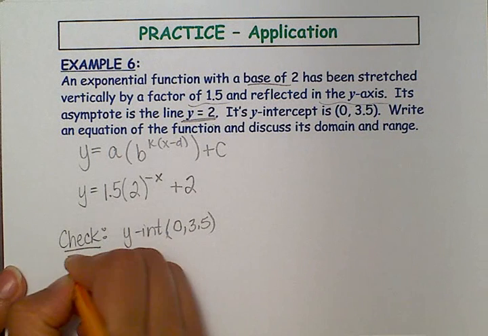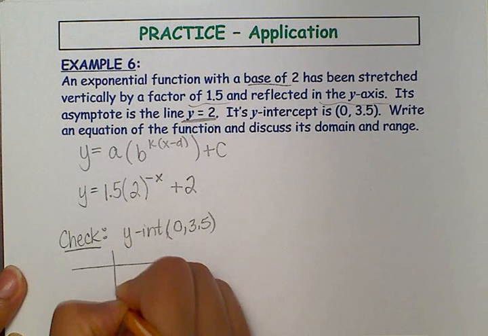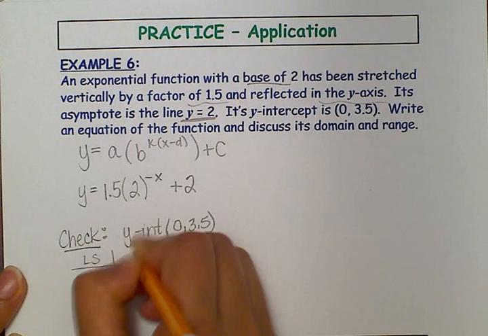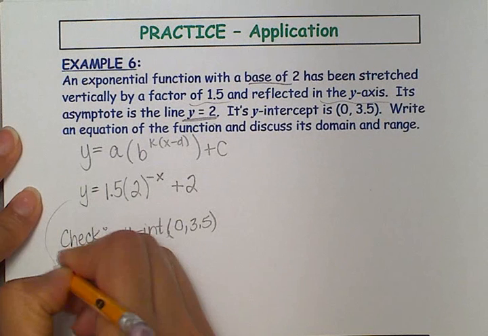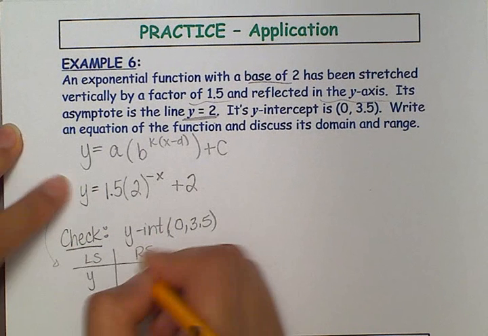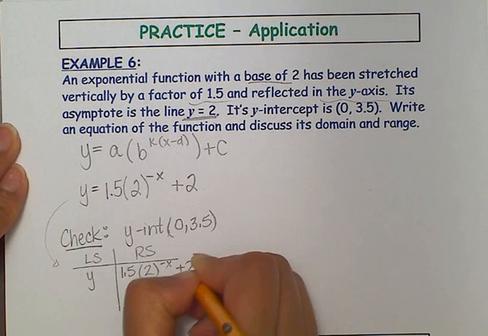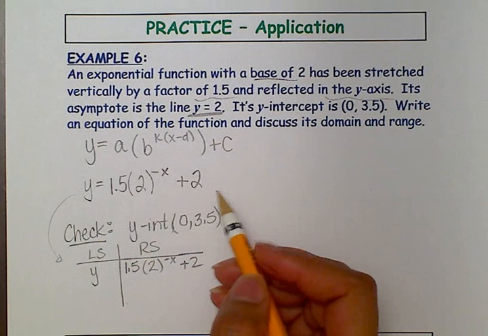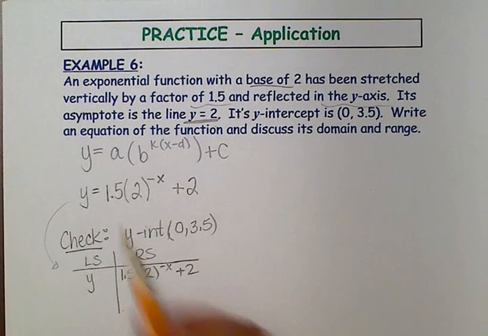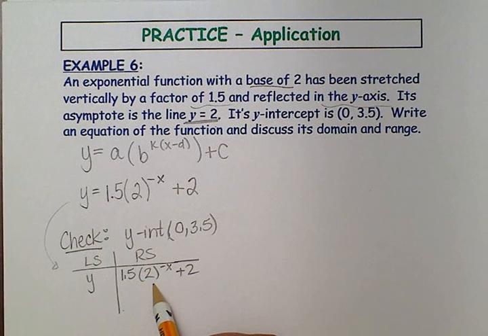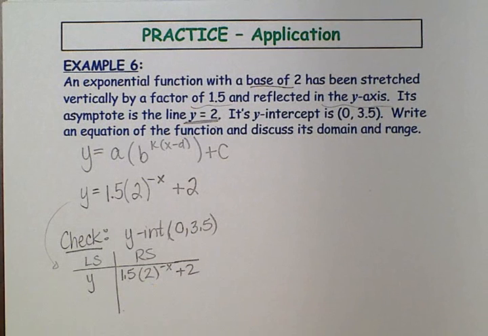We'll just do a quick left side, right side check. The left side of our equation is y, and the right side is 1.5 times 2 to the exponent negative x, plus 2. Again, be careful. I know it seems very tempting to multiply 1.5 and 2, but you can't multiply those two yet because the 2 already has an exponent applied to it.